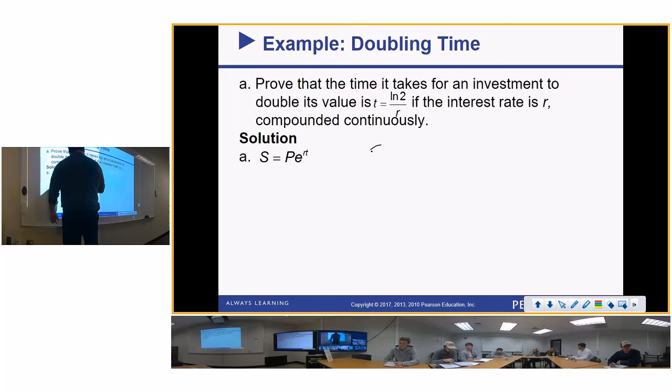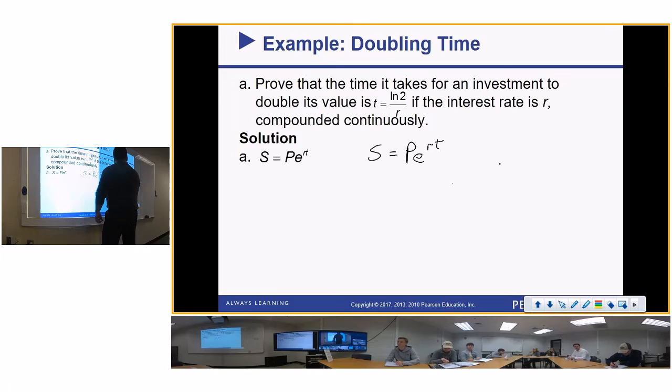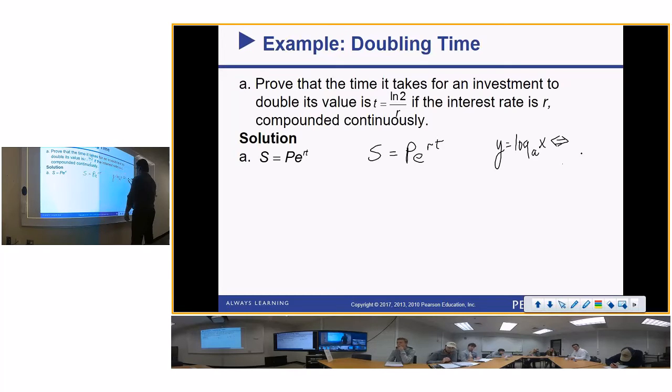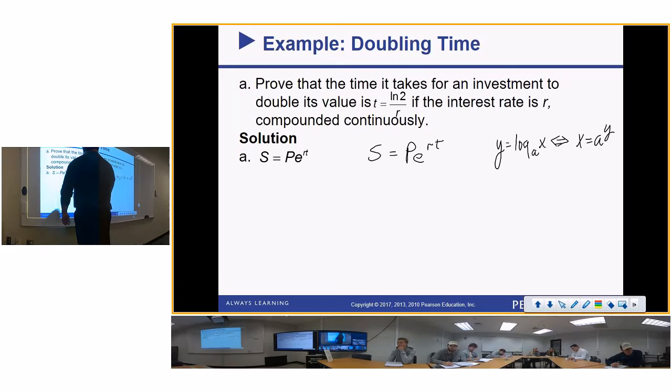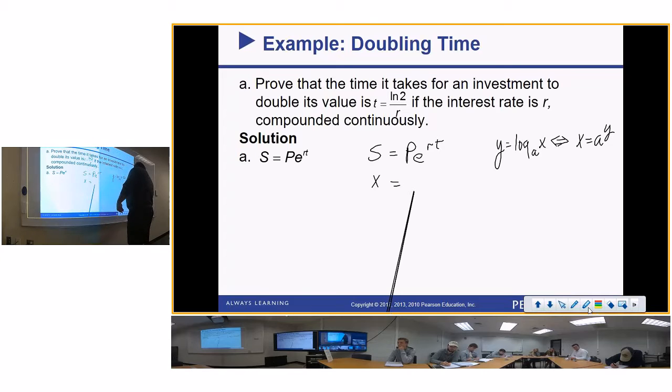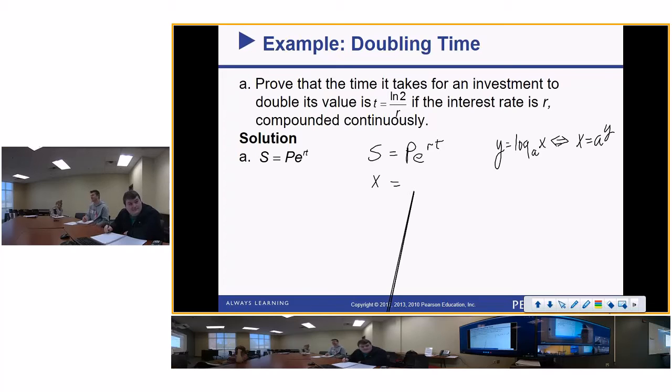All right. S is equal to P, e to the rt. Okay, let's see. Y is equal to log base a of x yields x is equal to a to the y.